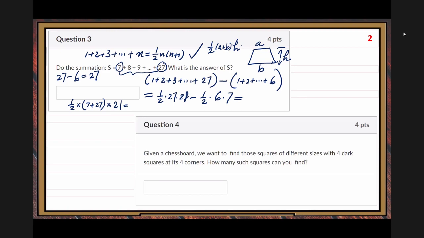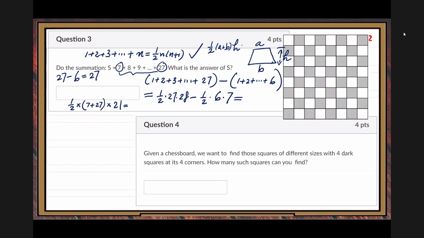Number 4, given a chessboard, we want to find those squares of different sizes with 4 dark squares at its 4 corners. How many such squares can you find? You need to bring up the chessboard picture. Here, I put it here.